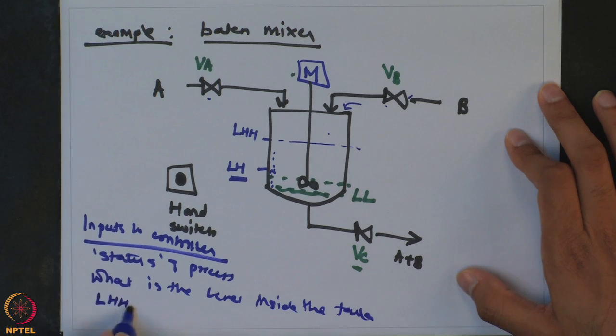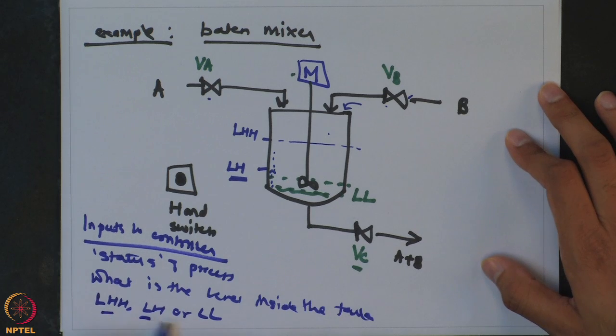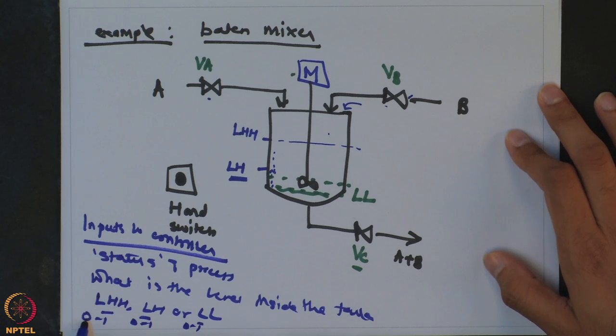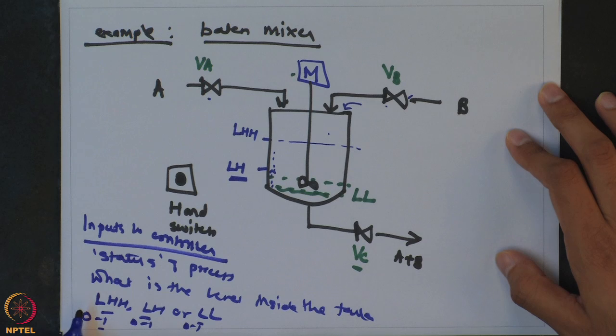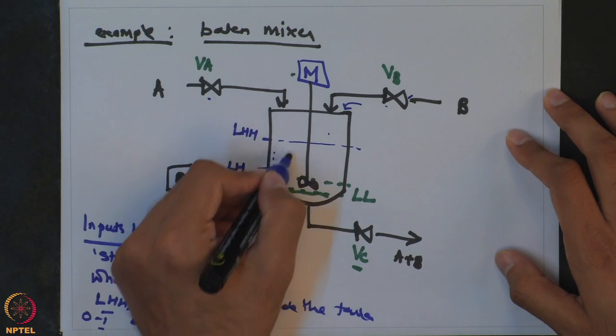That is LHH, whether it is LH or LL. Typically every one of these would be associated with a binary signal of 0 and 1. So, if LHH is 0, that means the level is below LHH, and when LHH is equal to 1, the level has reached LHH. Similarly for LL and LH.